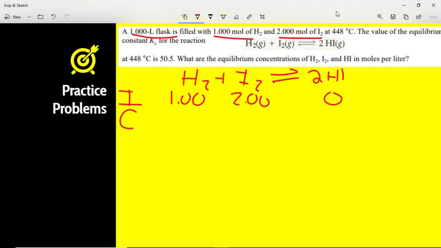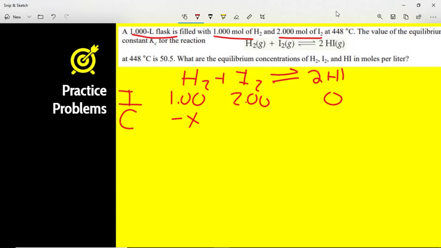Change. So how do we know how much change is going to happen? Well, that really is our unknown. Once we figure out how much something has changed, we can calculate the equilibrium concentrations. As the reaction proceeds, we have all reactants and no products. So we are going to lose X amount of H2.